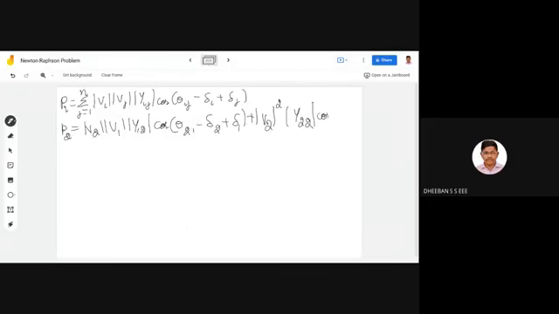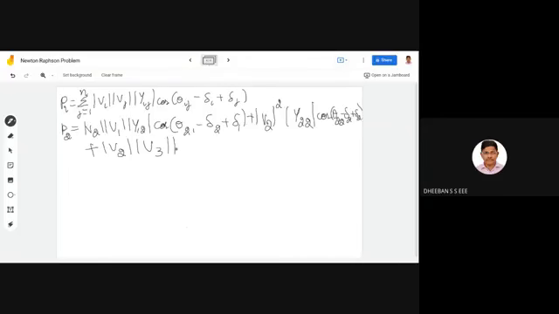After that it will be cos theta 22 minus delta 2 plus delta 2, so this gets cancelled. I told about this while expanding this equation in the previous lecture. After this it is plus V2, then it will be V3.